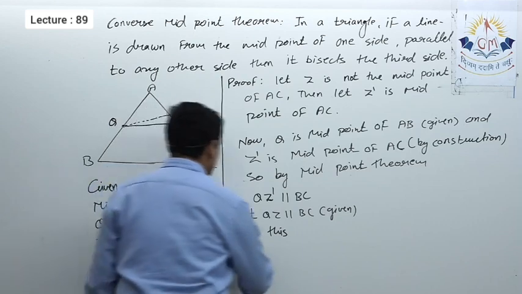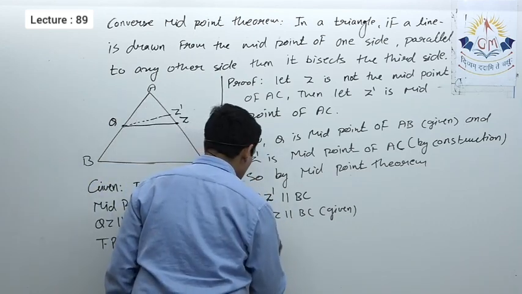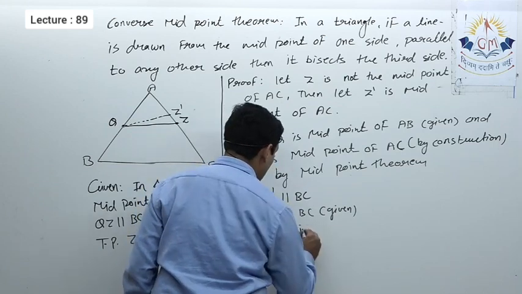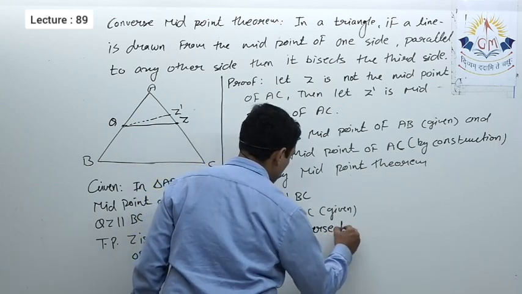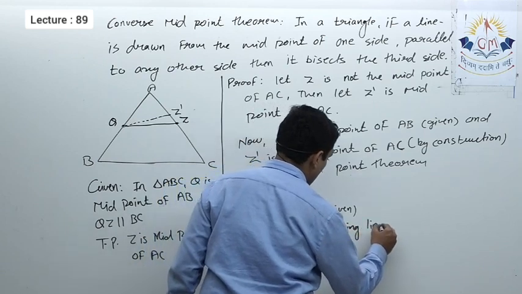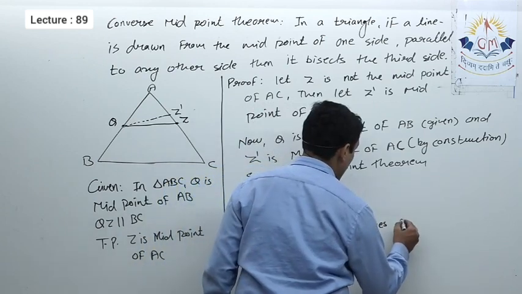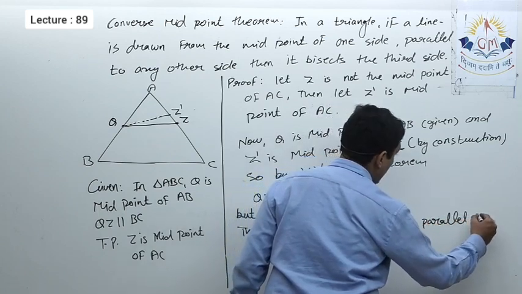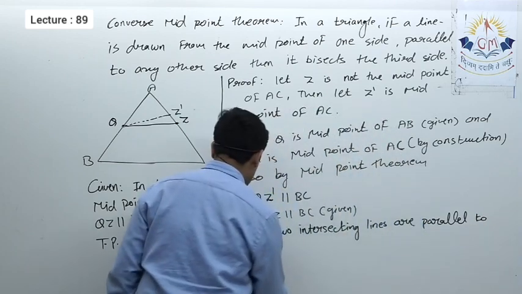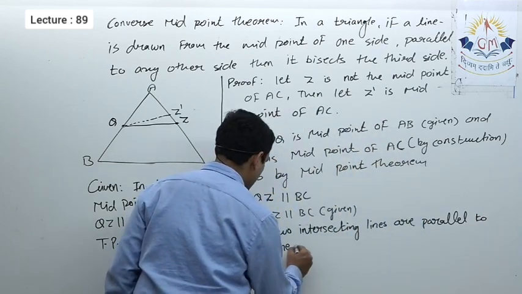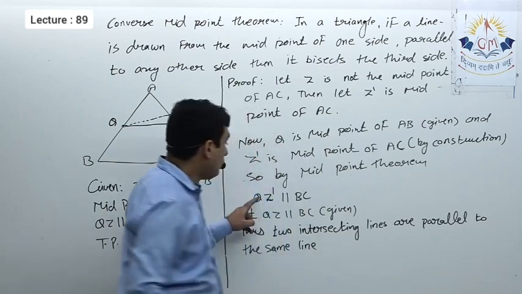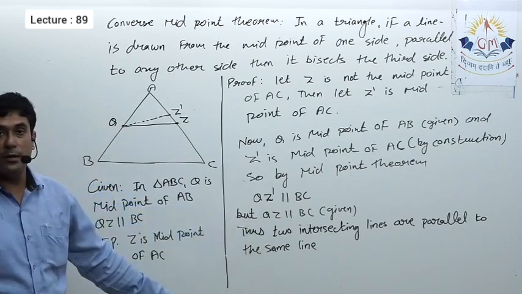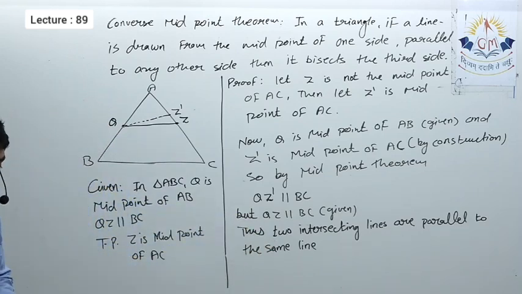Here we can write, thus two intersecting lines are parallel to the same line. Here we got two intersecting lines, QZ dash and QZ, parallel to the same line.